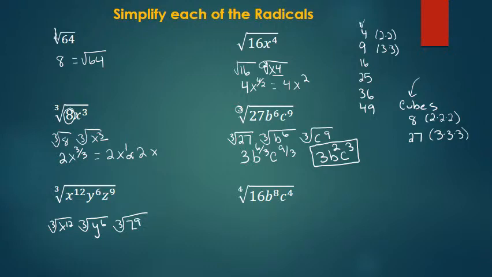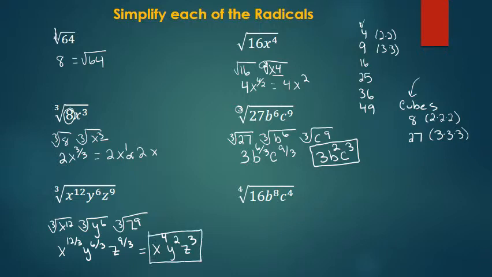Now I divide the exponent on the inside by the root, so I get x to the 12 over 3, y to the 6 over 3, and z to the 9 over 3. Now I need to simplify, and I get x to the 12 divided by 3, which is 4, y to the 6 divided by 3, which is 2, and z to the 9 divided by 3, which is 3. So this is your final answer.